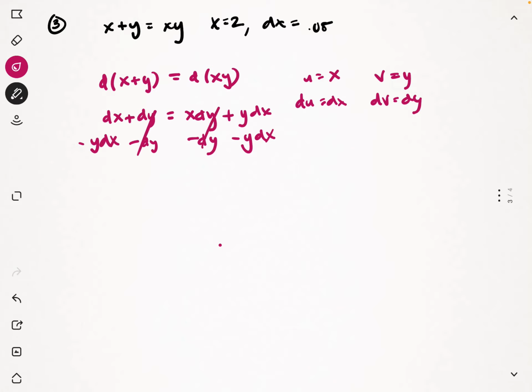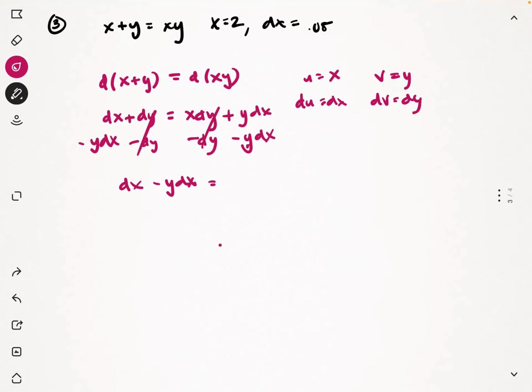So those cancel and move over. On the right we have dx minus y dx equals, whoops, I canceled the wrong thing.